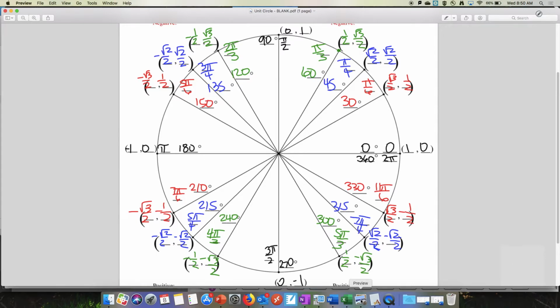All the blue coordinates, except for the positives and negatives, all of them have x and y values of radical 2 over 2. So let's look. In the second quadrant, all of our x's are negative. In the third quadrant, x's and y's are negative. In the fourth quadrant, y's are negative.